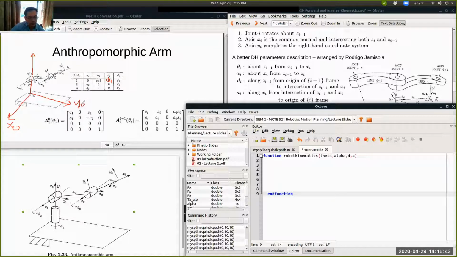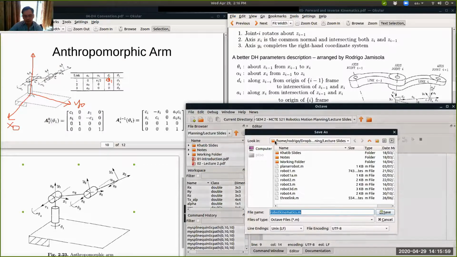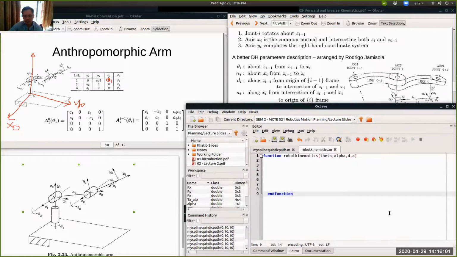Okay, so now we are going to compute the end effector of the robot for any arbitrary joint values. So I have created here a file that computes robot kinematics.